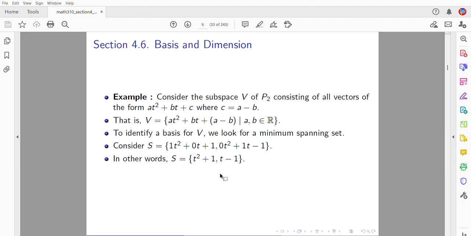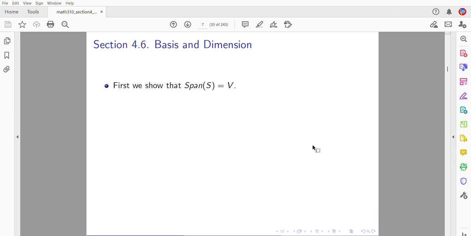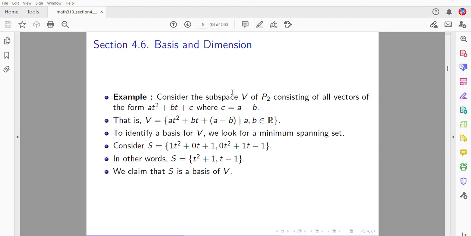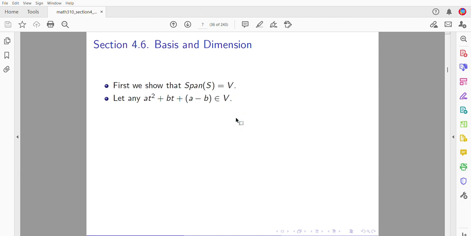Let's see. We claim that S is a basis for V. First, we have to show that it spans all of V. So remember V consists of polynomials which look like this. So let us take any polynomial from V. Then at squared plus bt plus a minus b is a times t squared plus 1 plus b times t minus 1. You can check for yourself.